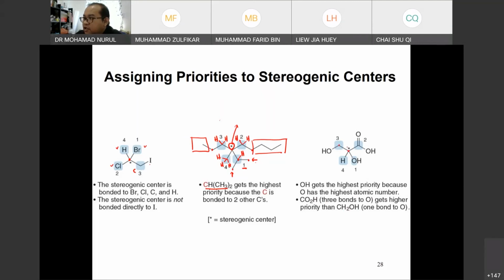Of course, this one gets number 1 because it finds oxygen first. And compared to 2 and 3, the carboxylic acid becomes higher priority compared to CH2OH. Going back to the previous slide, and lastly, of course, the proton will be the lowest priority number.